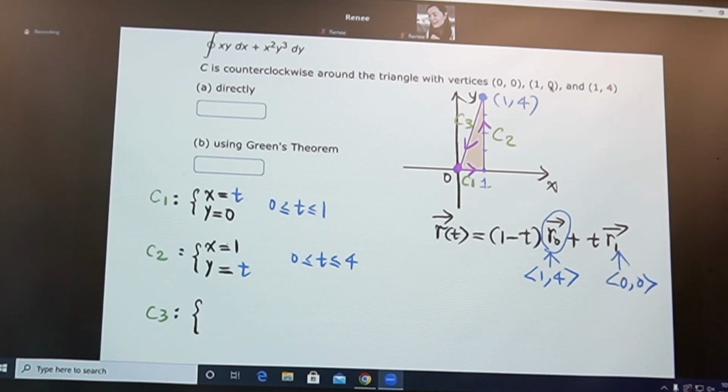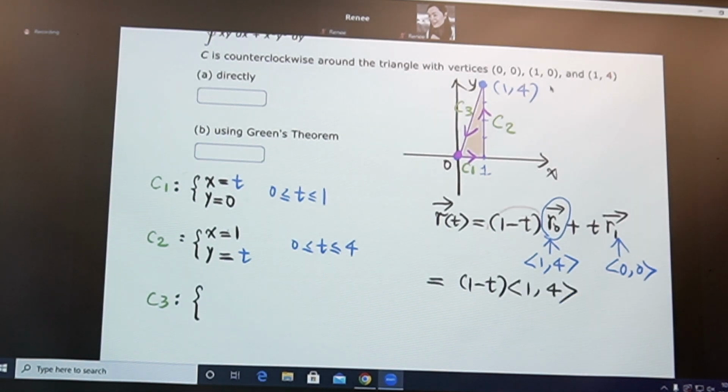So you will get (1 minus t) times this. To do this, what is x? x is equal to (1 minus t) times 1, which is just 1 minus t.